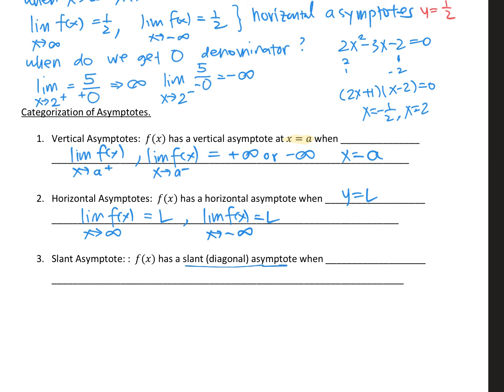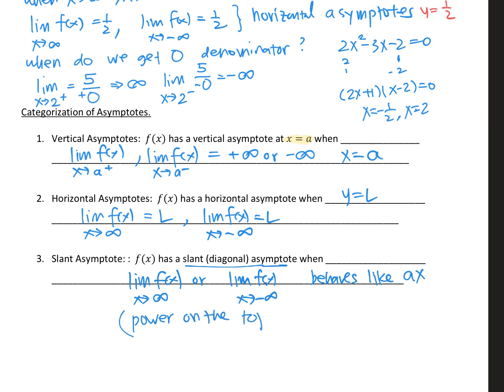A slant or diagonal asymptote is when the limit of f of x as x goes to infinity, or as x goes to negative infinity, behaves like ax. So not a number, but basically the power on the top is 1 more than the bottom.